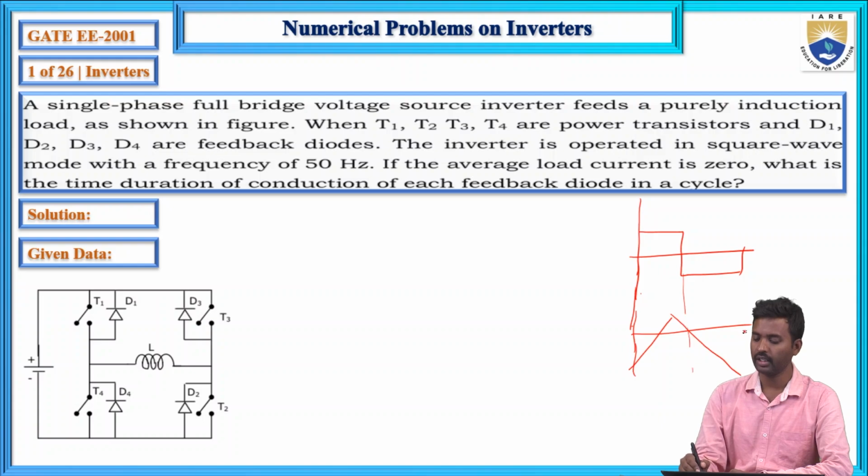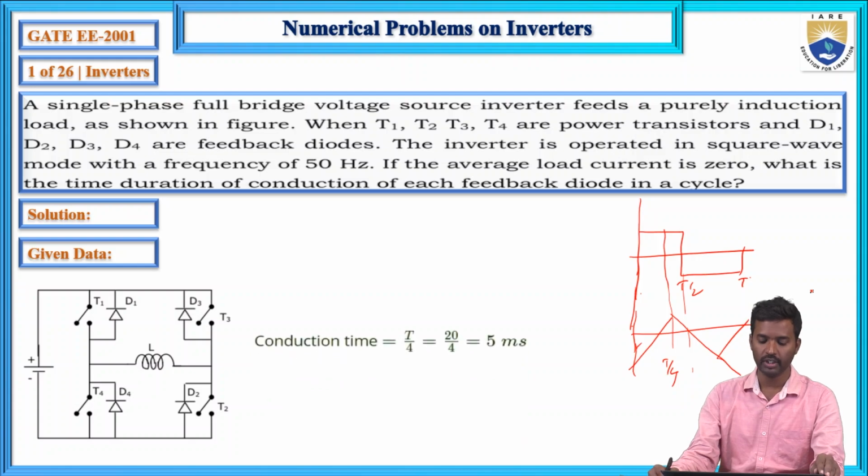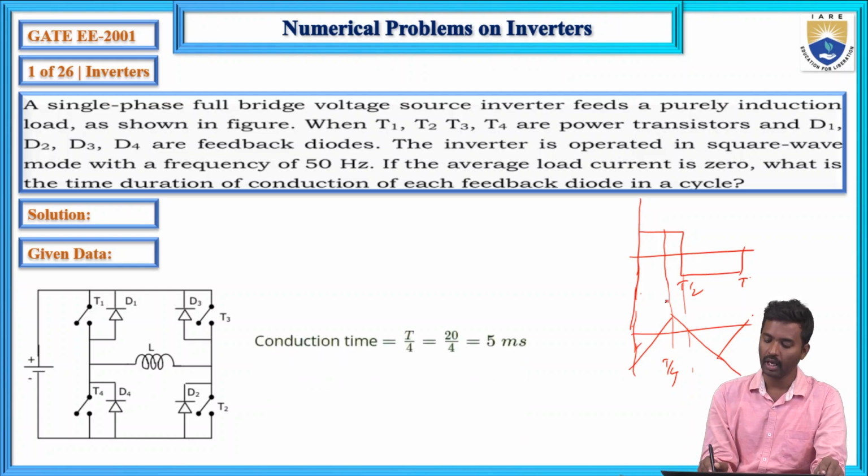Each diode is conducting for T by 4 duration. This is the total time period T, this is T by 2, and next this is T by 4 duration. Each diode is conducting for T by 4 duration.